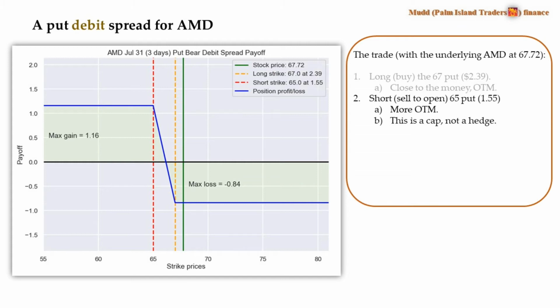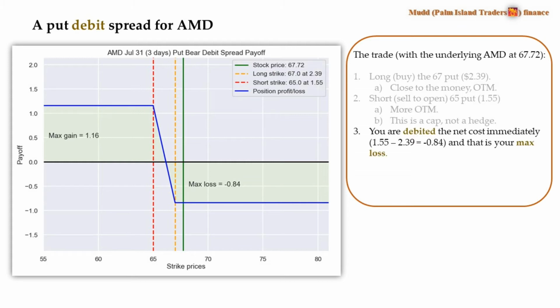And for reasons we'll explain, this is not a hedge. This is actually a cap, and we'll have to explain that later. You are debited the net cost immediately, which is 84 cents. And so that is taken from your account, and that also ends up being your maximum loss. You won't make a loss larger than the initial cost of going into this trade.